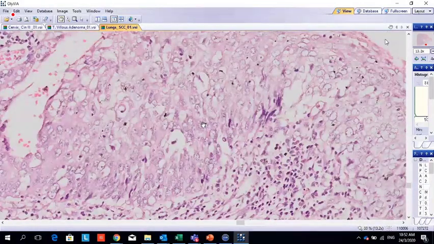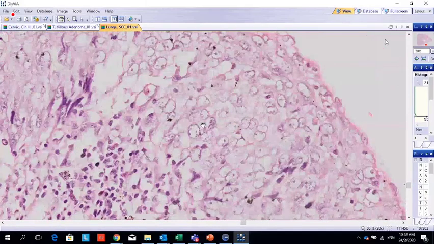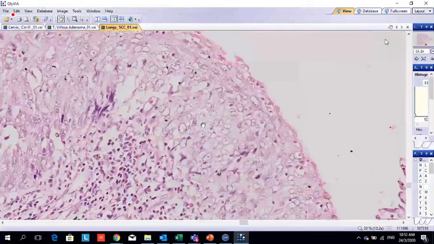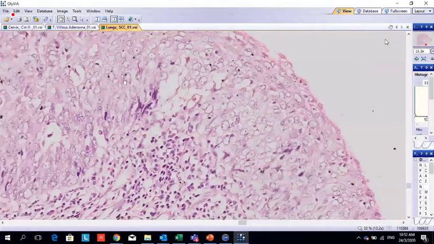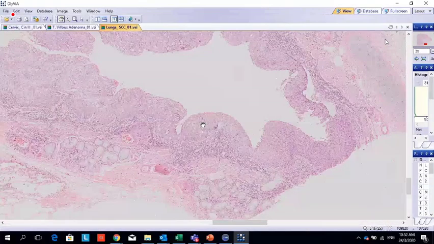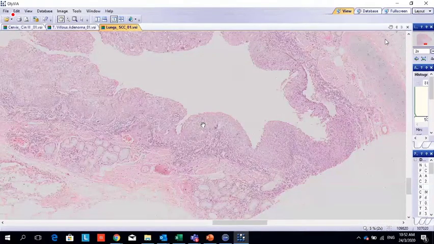Okay, we know the signs of dysplasia: loss of maturation, loss of orientation, high NC ratio, right? Here, there is no hyperchromasia. Mostly the nuclei are vesicular. Look, the nuclei are vesicular. Okay, increased mitosis.